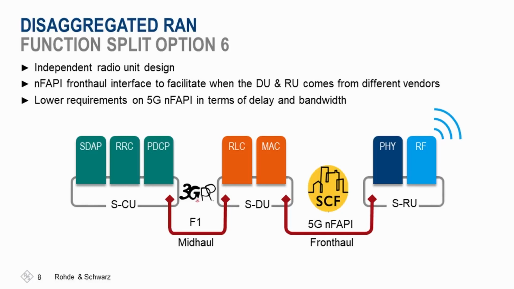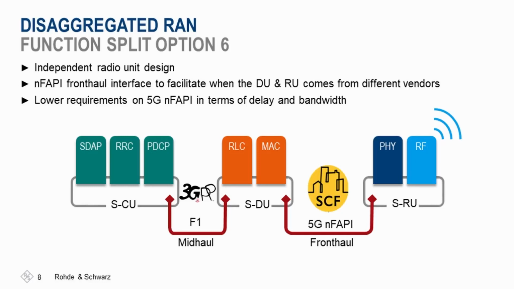And then we have the centralized unit, SCU, and on that would be the RRC, PDCP, and SDAP protocols. SDAP is the service data adaptation protocol, maintaining the quality of service.